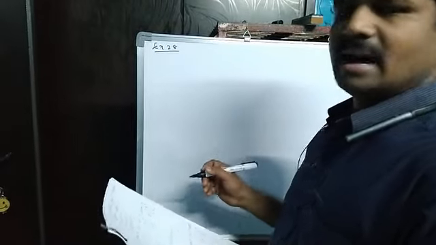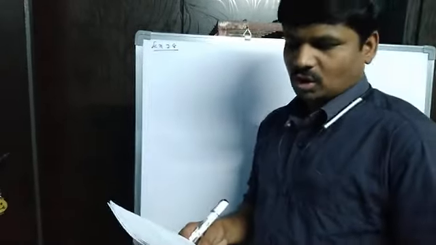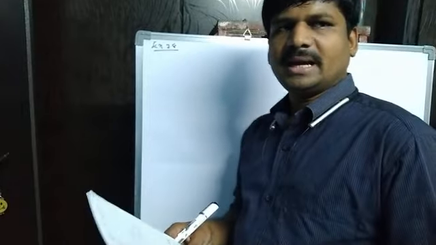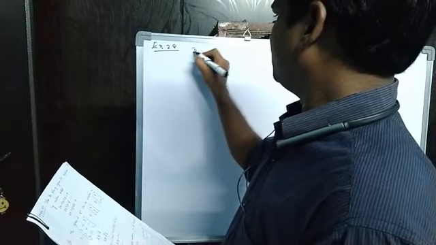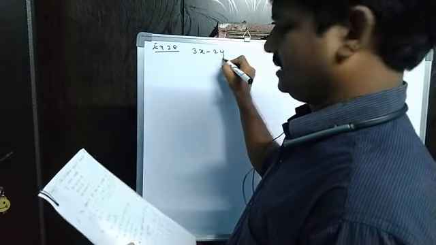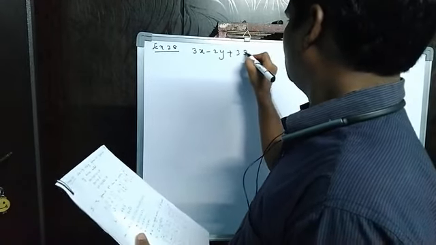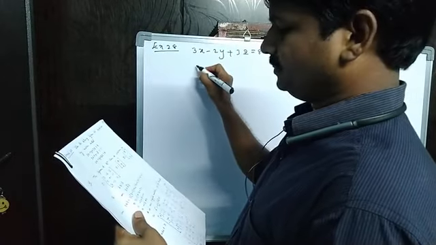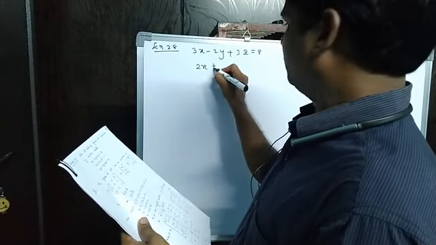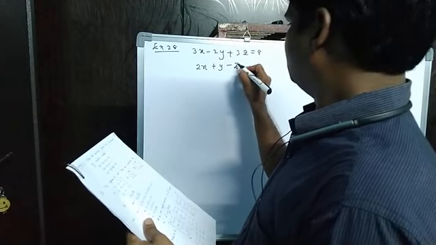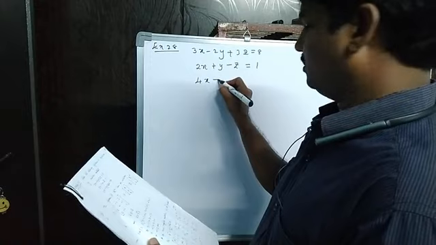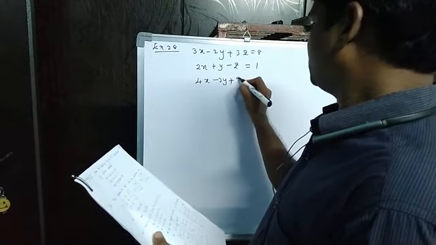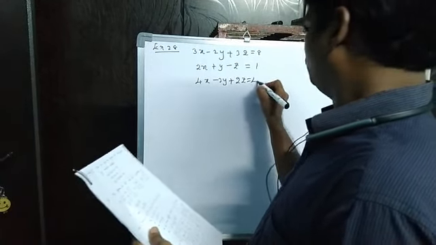Solve the following system of equations by matrix method. The system of equations given here is: 3x minus 2y plus 3z is equal to 8. 2x plus y minus z is equal to 1. 4x minus 3y plus 2z is equal to 4.